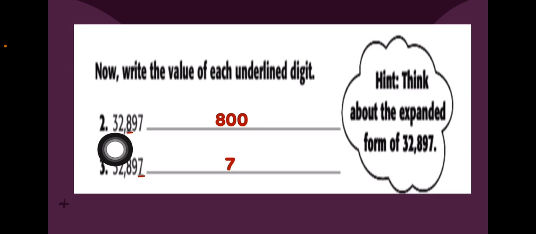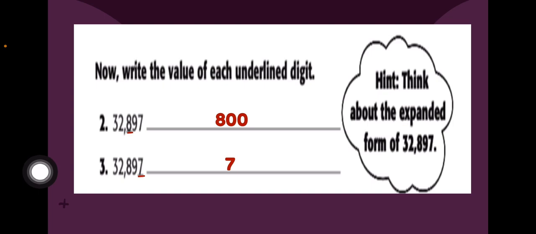Now we have numbers here. Let's read the number, 32,897. Now can you see the underline? Can you see there is a number with an underline? Can you see 8? Which house is it?